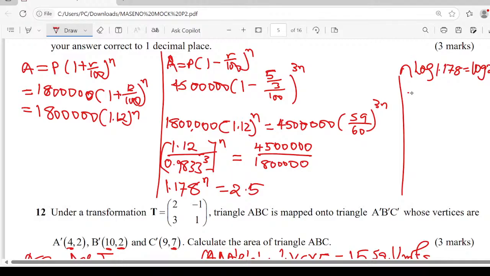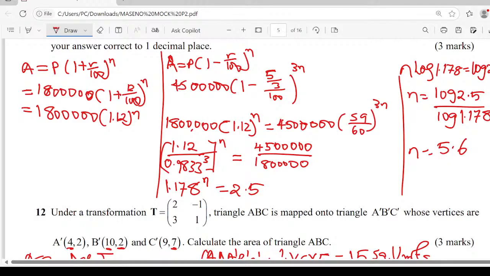Therefore n is log 2.5 divided by log 1.178. I'm getting 5.6. Hope I divided well. Let me just cross check.